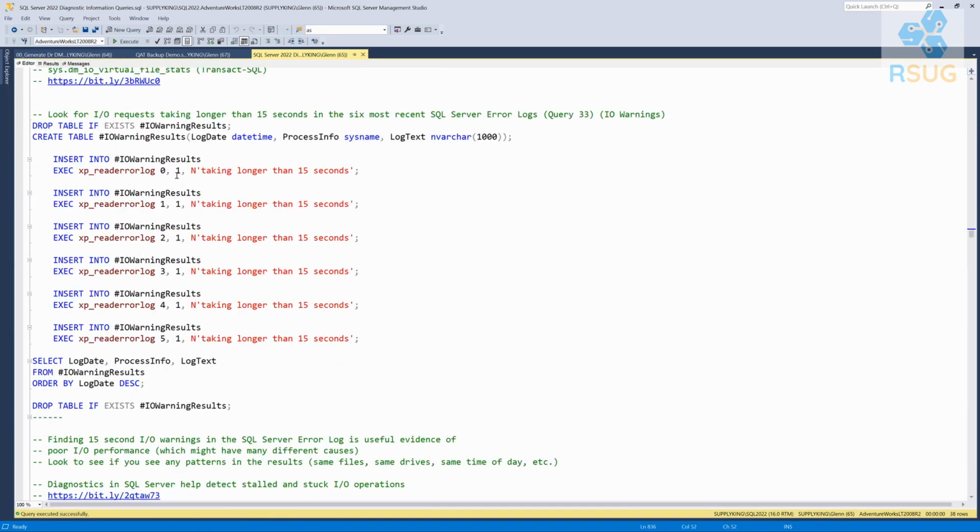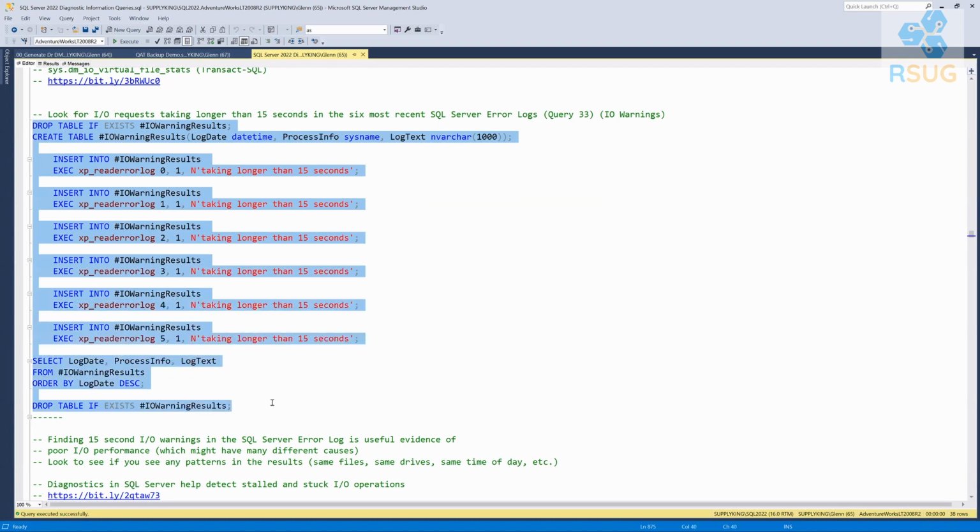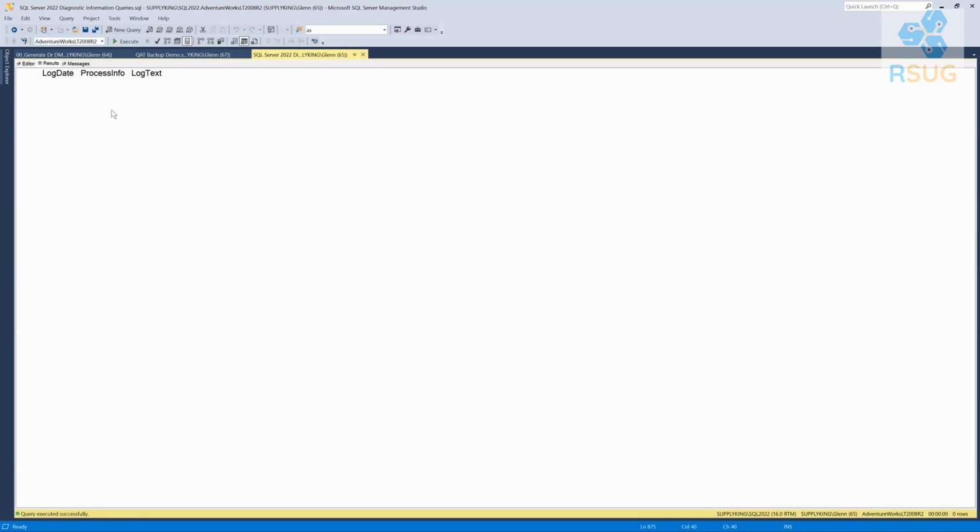And then the next one, because those last two queries, a lot of times you might run those and see really high latency. And then you go to your SAN administrator or storage administrator and show them, they say, oh, I don't care about that. That's just SQL Server. The SAN's fine. But if you run this next query and it's looking for 15-second IO warnings, if you have any, you want to look and see, is there a pattern?